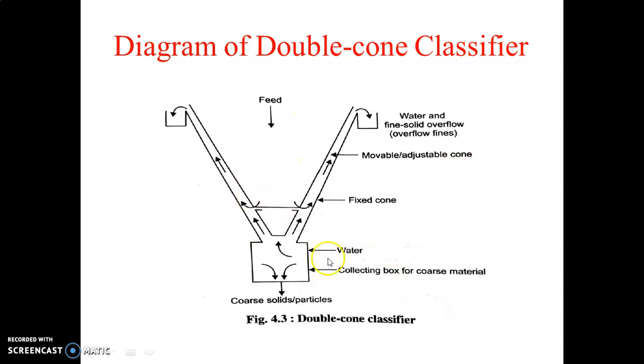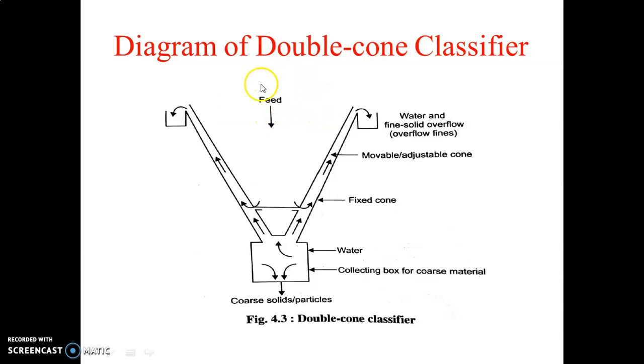At the bottom of these cones an inlet is provided for the water, and a collection box is provided for coarse material separation. At the top of this double cone the overflow is provided. This overflow carries the separated fine solid particles. So this is the construction of the double cone classifier.